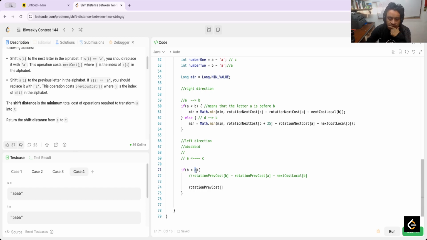Now I know that the origin is before the target, which means that I need to start in the target, that is A, plus 25.